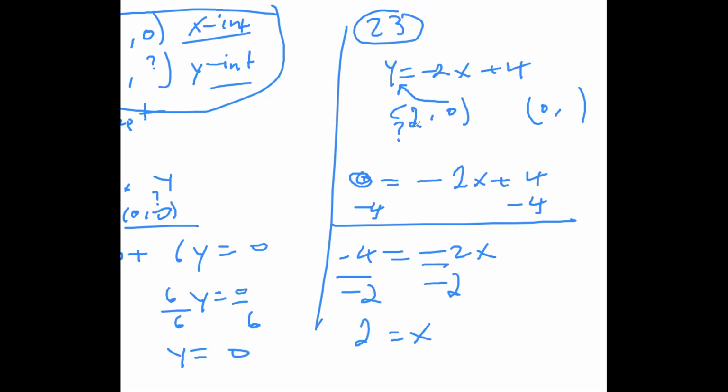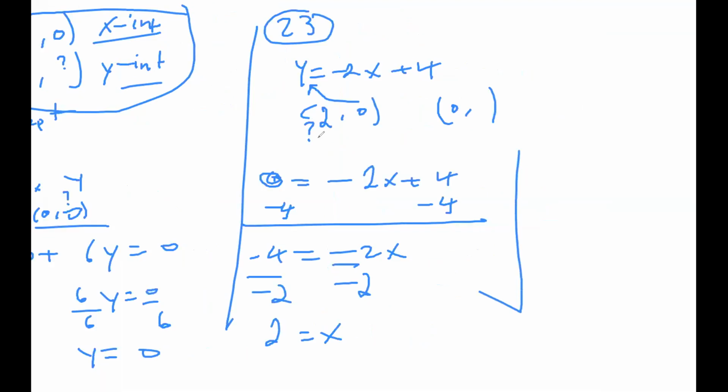Positive 2. Okay. For the second one, the same one. That's right. So this is again, the x-intercept. This is the y-intercept. So here we're going to plug. So what do we know now? We know x, but we don't know the y. So we're going to plug the x. It's going to go here. We're going to substitute here.